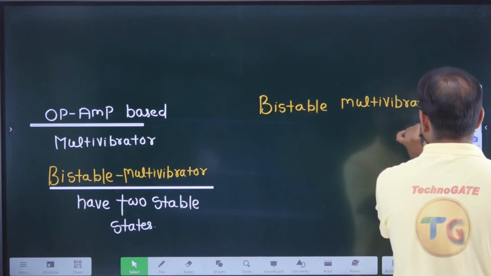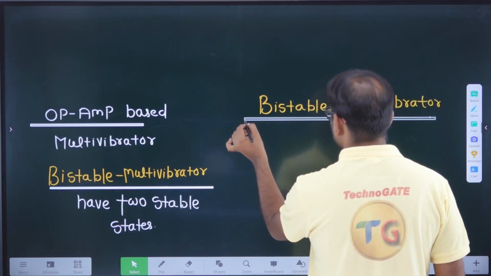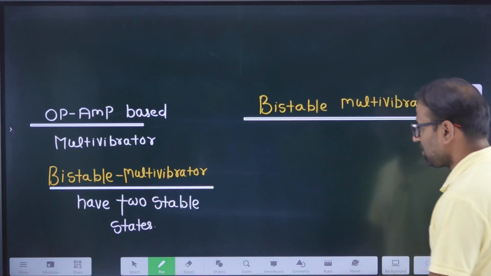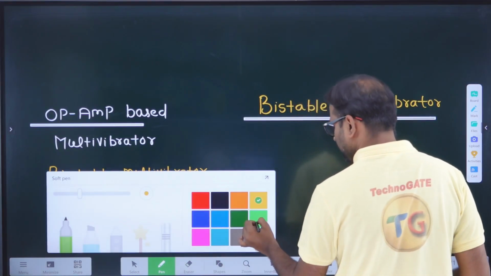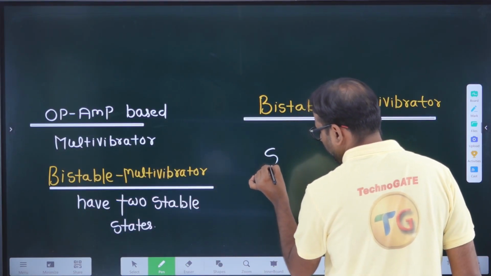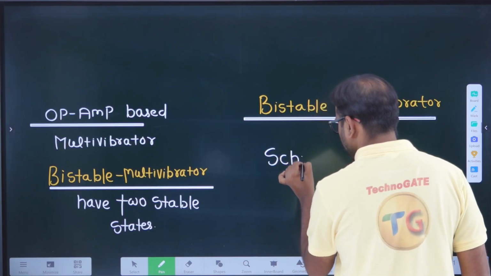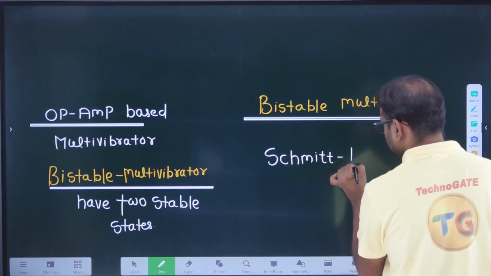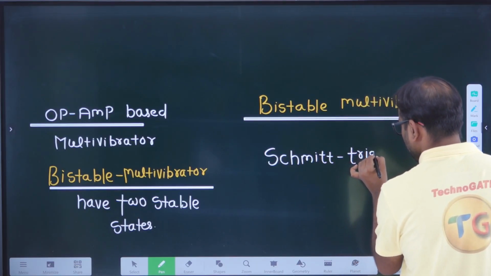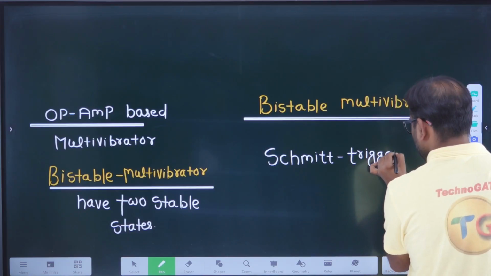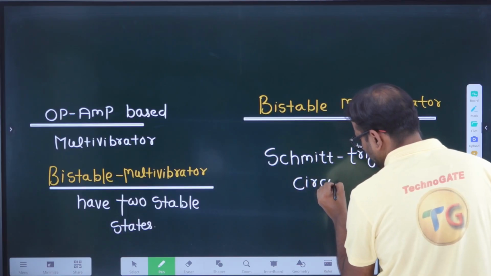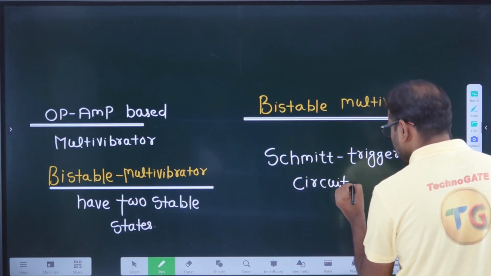Can we say using op-amp, this circuit is also known as the Schmitt trigger circuit.